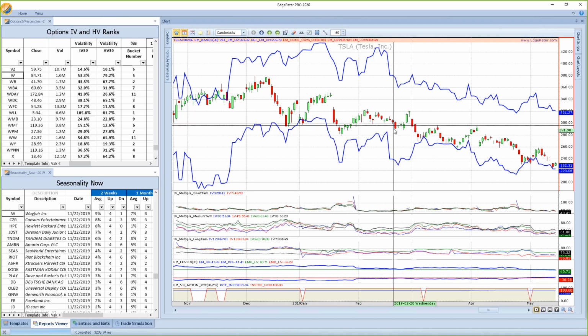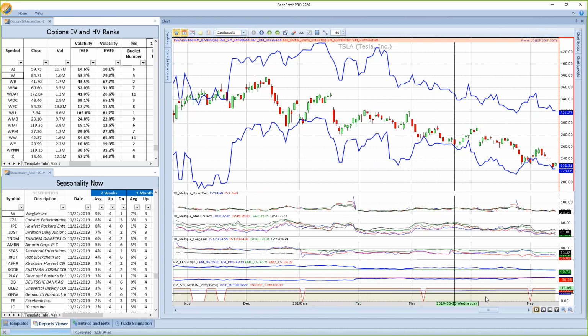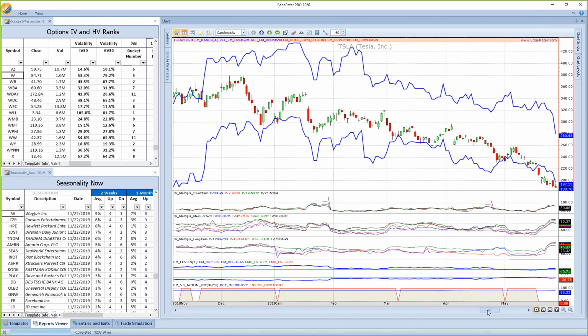It's pretty much stayed within the expectations. So if you're going to make money on options, you have to get a move outside the expected price, because the price that's built in is already priced into the price of the option.